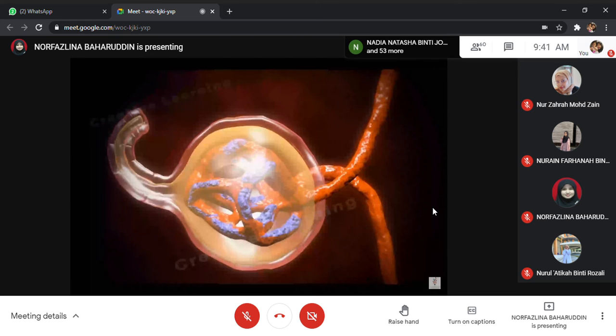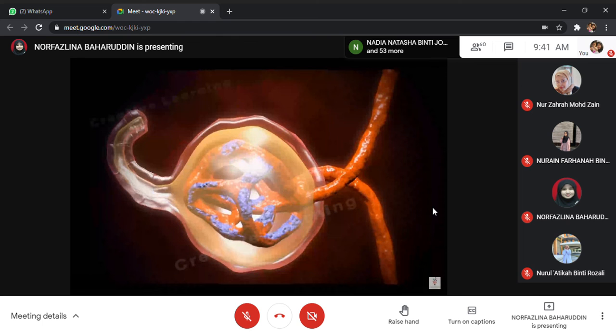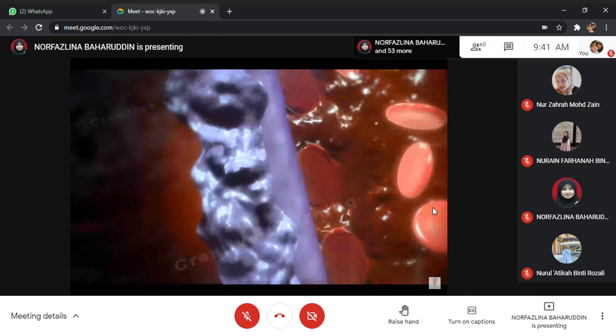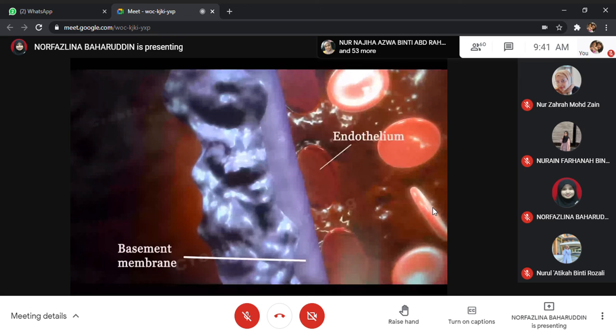It consists of 3 layers of capillary wall: endothelium, basement membrane, and epithelial podocytes. This membrane allows some particles of blood to pass through, but not all. The fluid that is filtered from the capillary blood into Bowman's space is called filtrate and forms the primary urine.